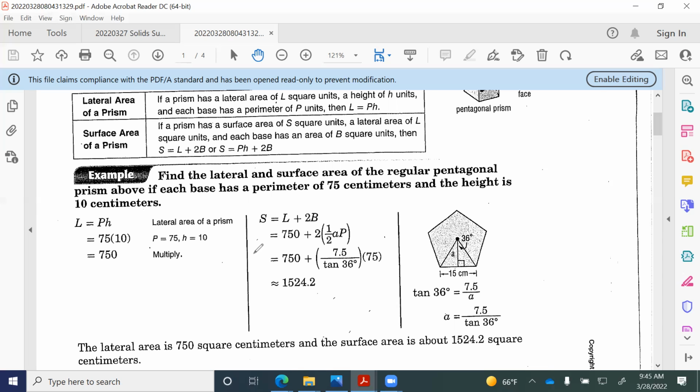So what was our perimeter of the base is the same length as this top edge of this rectangle. So when we say perimeter times height, we're doing base times height of this whole rectangle, by using the perimeter, which is the entire length of that top edge.